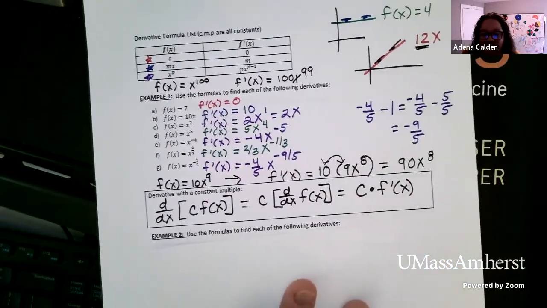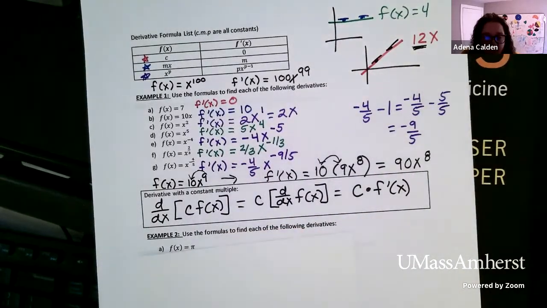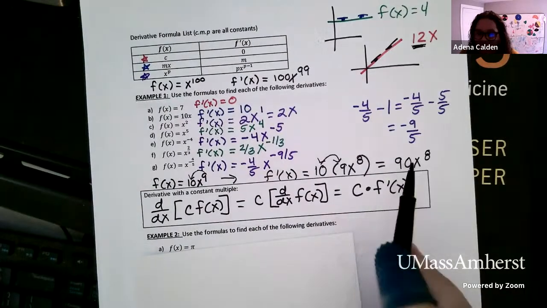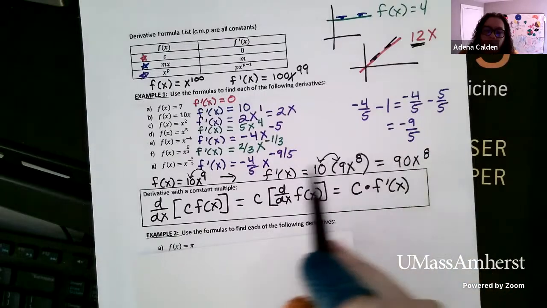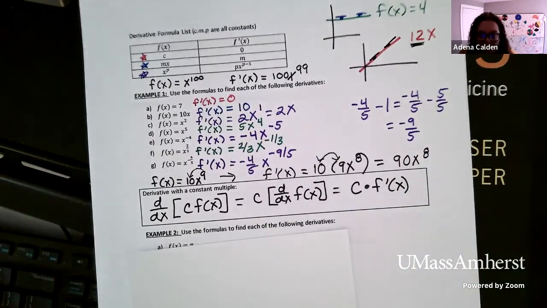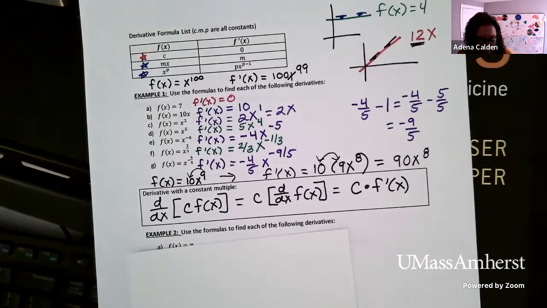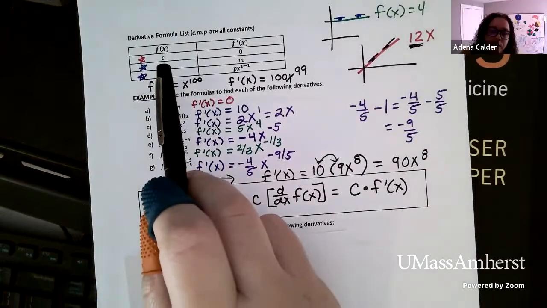In practice, we say the 9 comes down and multiplies the 10. That's where we get the 90, and we subtract 1 from the power, which gives the 8th. What's happening in the background is the constant multiple rule. An important distinction is that this is different from the constant derivative rule.